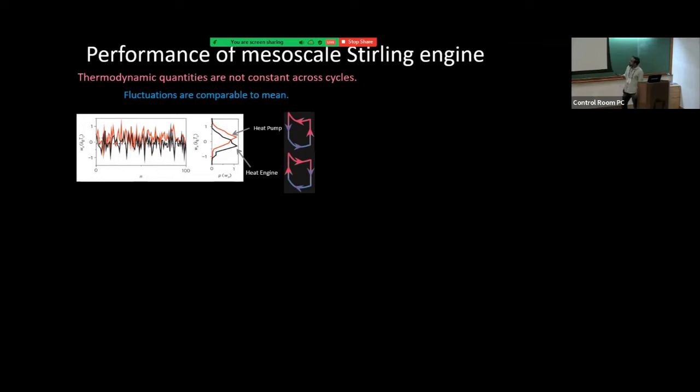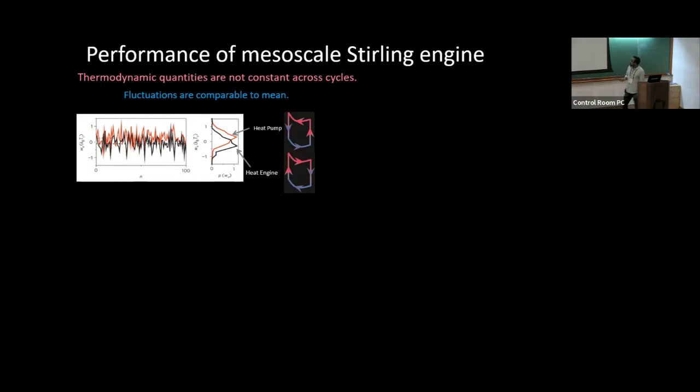You can see for both of these, the work per cycle is fluctuating below and above zero with this sort of distribution. But if you consider the average, you see that for the forward direction of the cycle, it has a finite negative mean value, which means that it is on average acting as a heat engine, whereas for the reverse direction, it is acting as a heat pump.